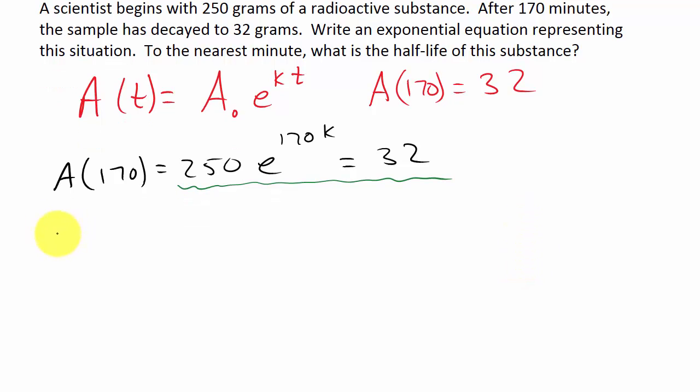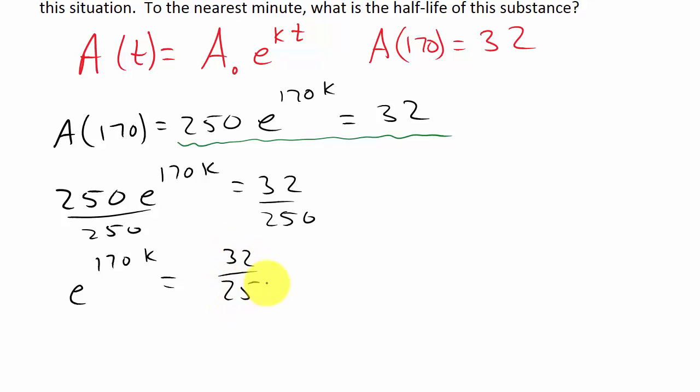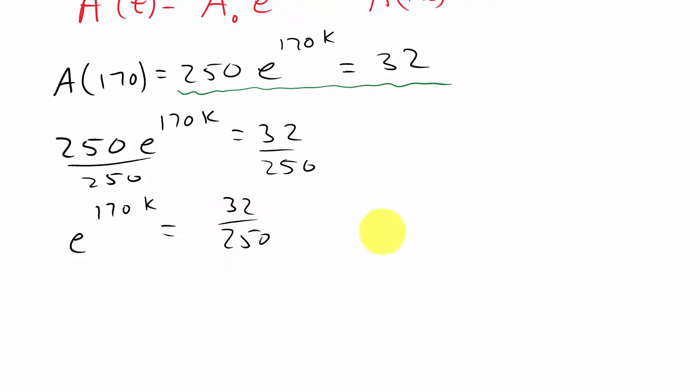So that's going to be 250 e to the 170k equals 32. So I'll divide everything by 250. And so I get e to the 170k equals 32 over 250. Yes, you can reduce it, but I'm not going to worry about that right now, because we're looking for k and we're going to get a decimal for it anyway.